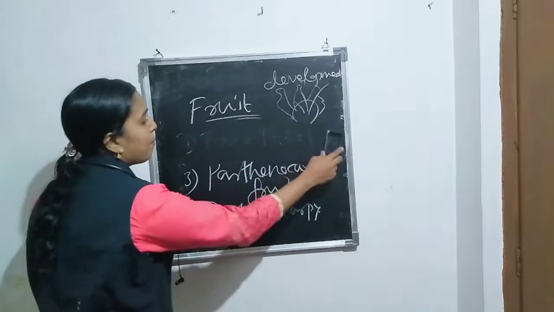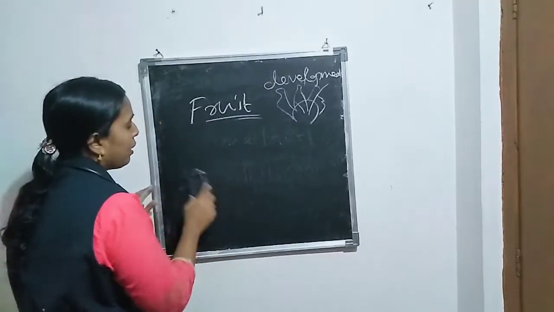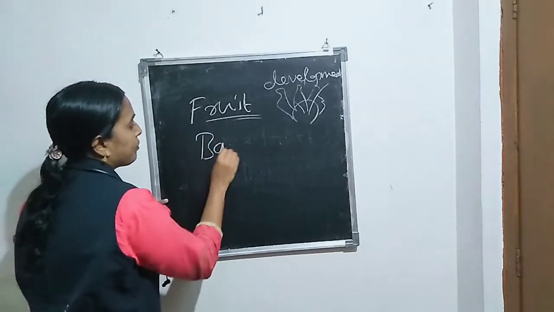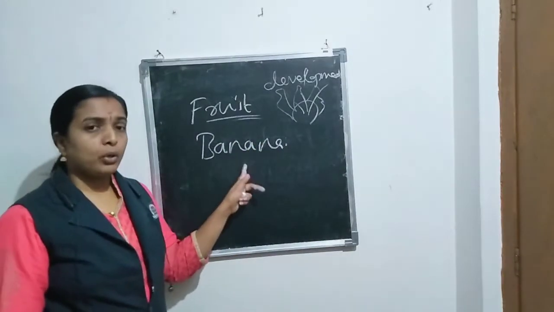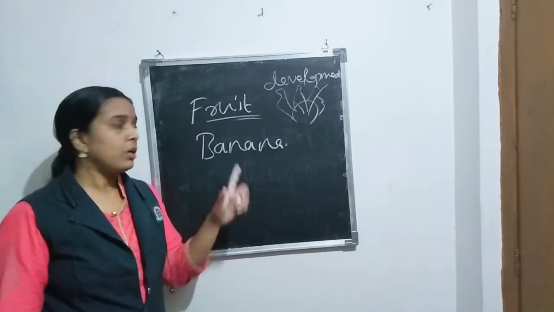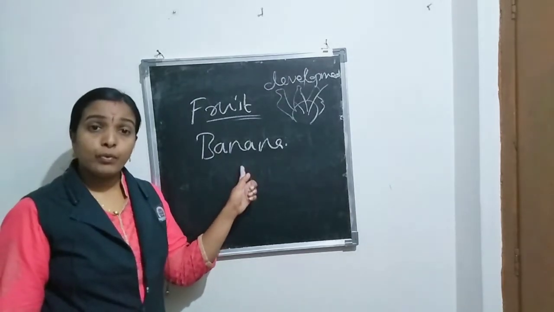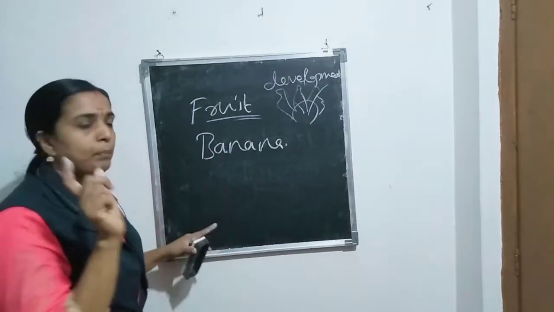An example of a parthenocarpic fruit is banana. Note down, all of you: banana is a true fruit as well as a parthenocarpic fruit.